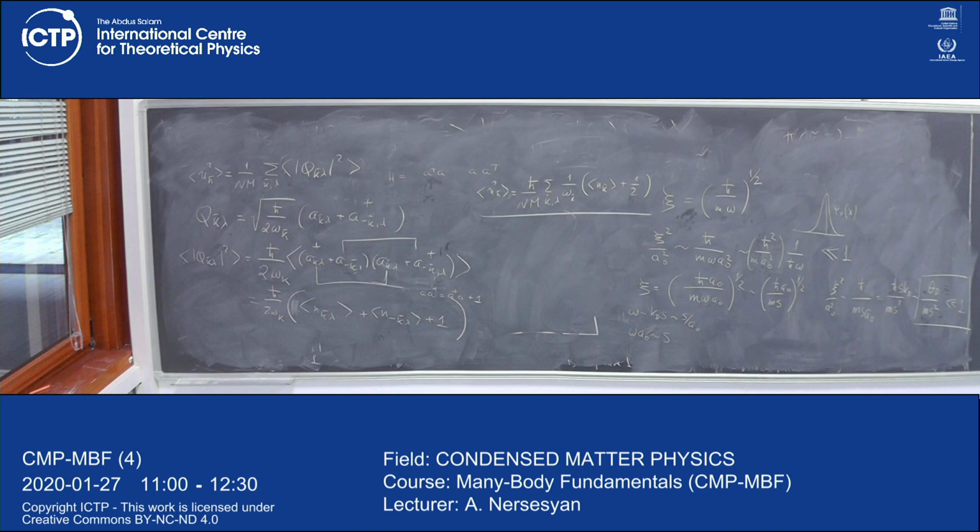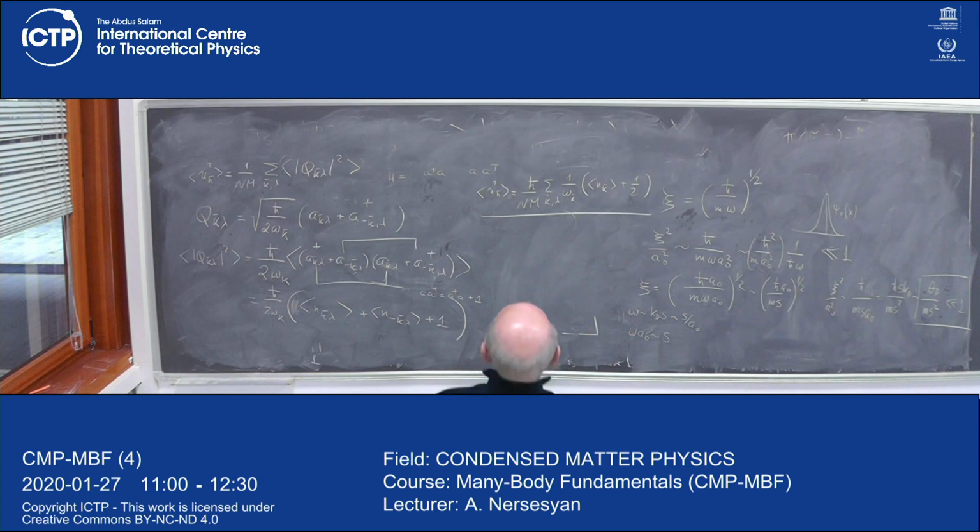Which means that we can ask the most important question before we switch on a finite temperature. Suppose the whole system is at 0 temperature. Then the only motion which is there is the zero-point motion. What is the contribution of the zero-point motion? Can it ruin the long-range order, the crystalline order, or does the crystalline order survive zero-point motion? It's a good question.